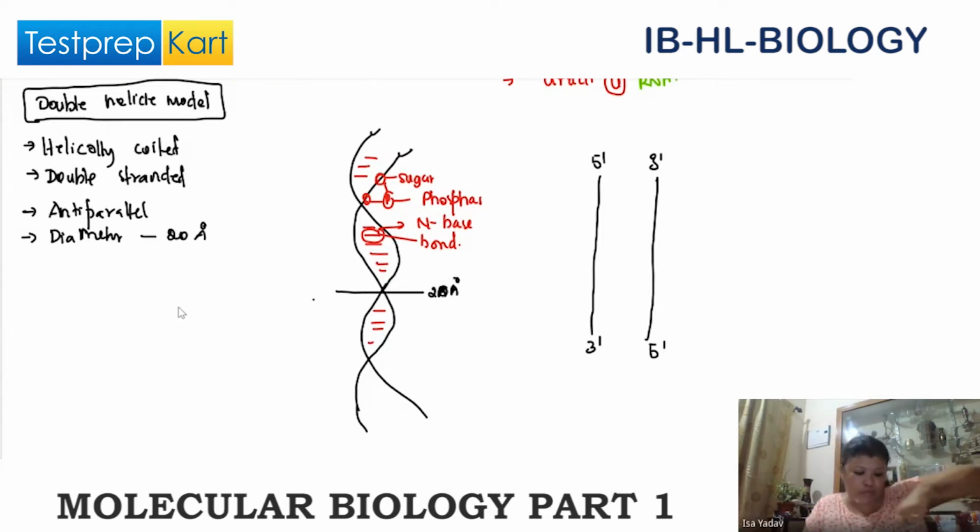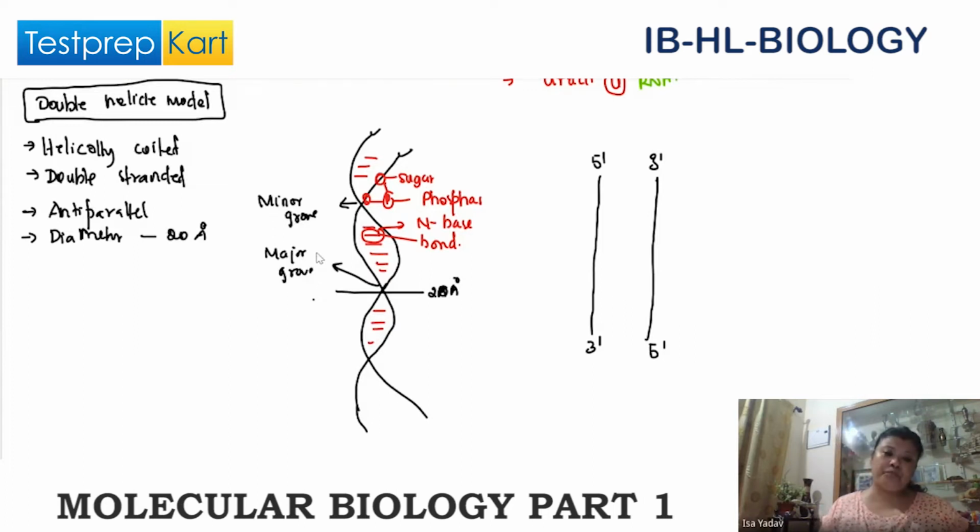When you roll the DNA, you get two grooves. This is termed the minor groove. This would be termed the major groove.